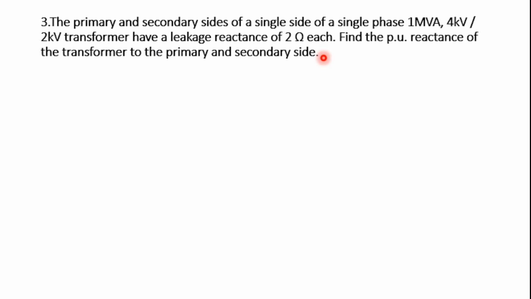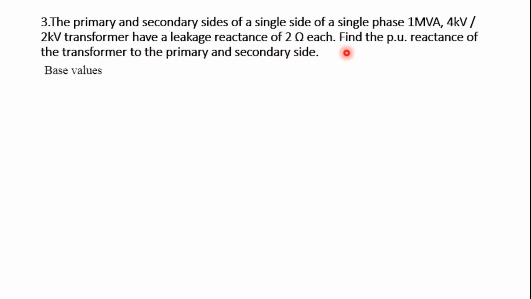This means the MVA is common, 4 kV is the primary and 2 kV is the secondary.